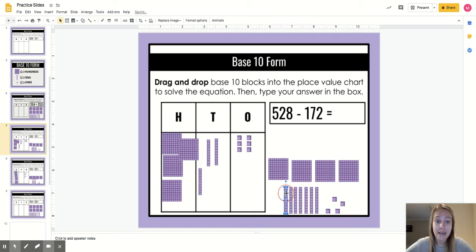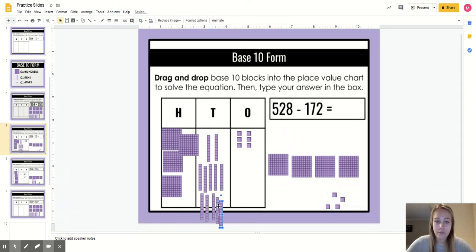You have to add 10 because you traded out 100. So I have 1, 2, 3, 4, 5, 6, 7, 8, 9, 10. Now I've got 10 in there.